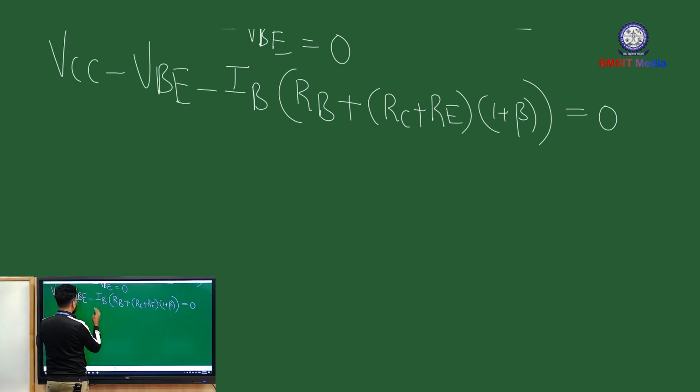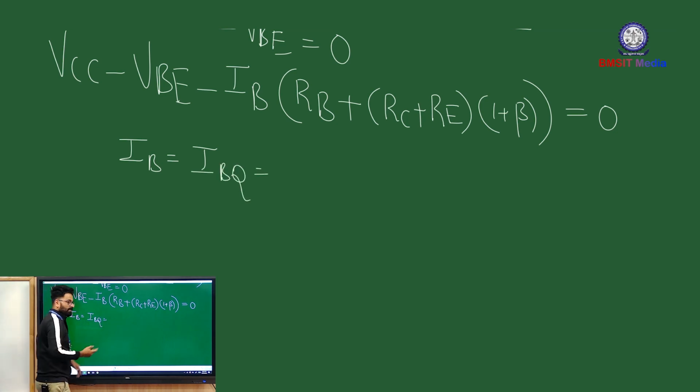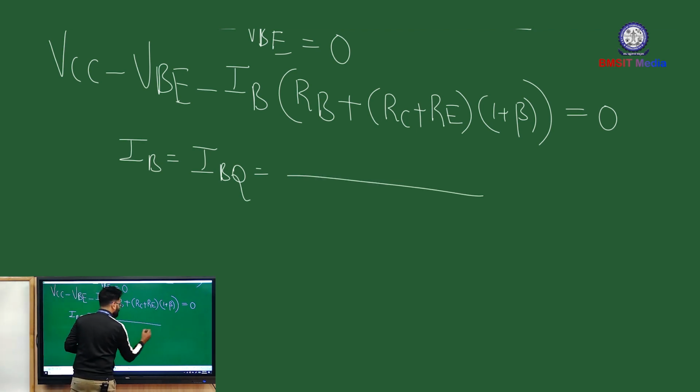Now you have separated out potential and current terms, so you can determine the base current IB, which can also be considered as IBQ for the selected resistors and power supply voltages. You will get the quiescent value of base current, or simply IB. So I is equal to V by R as per Ohm's law.